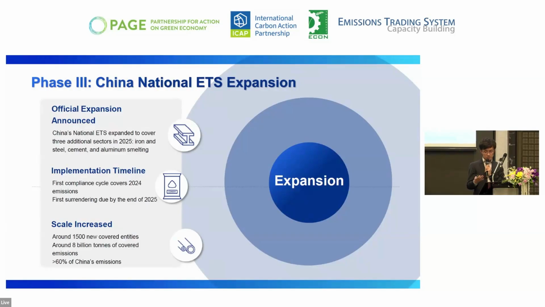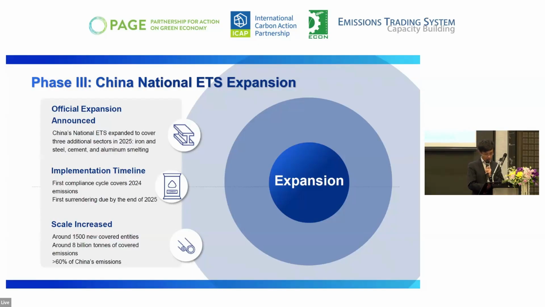But the expansion of the ETS in China is bringing a lot of benefits. It's not only bringing more sectors, but also definitely bringing more participants from other sectors. Previously, there was only the power sector, which means their emission reduction marginal cost would be similar, and there's lower liquidity in the carbon market, because China only has spot trading, spot products in the market.